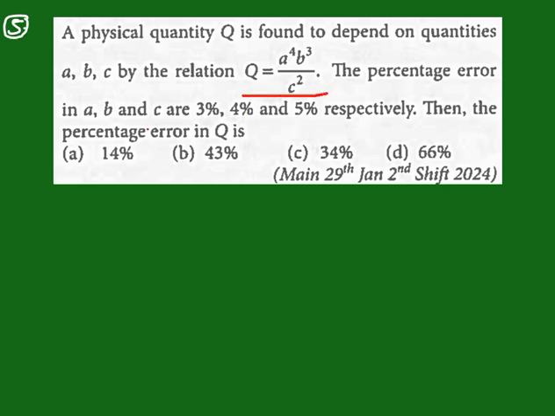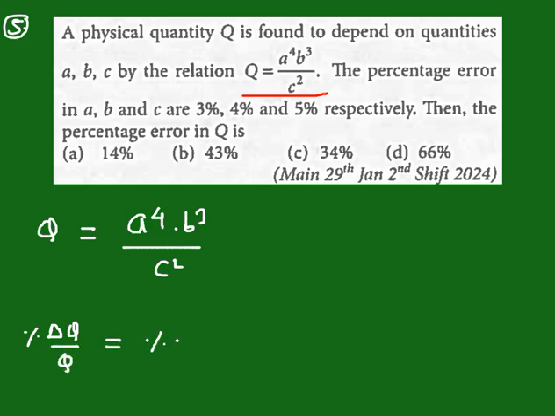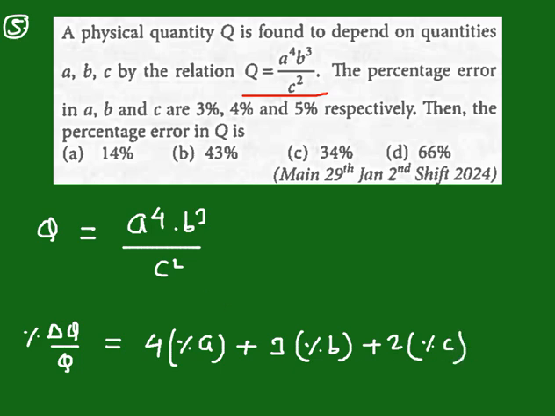We have to calculate the percentage error in Q. So writing Q equal to A to the power 4 B to the power 3 upon C square, the percentage error in Q, delta Q by Q, we have to write as 4 times the percentage error in A plus 3 times the percentage error in B plus 2 times the percentage error in C. We put all the values.